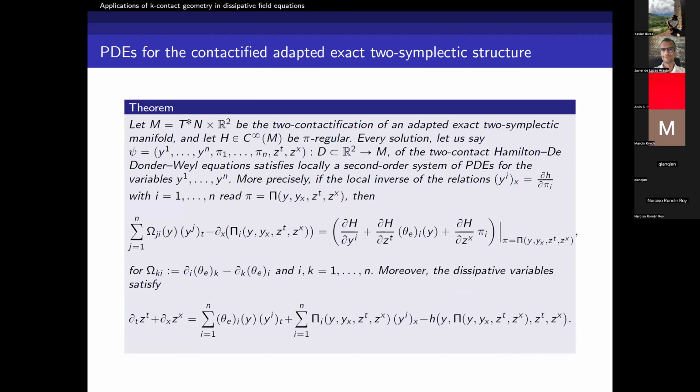Okay, so now if we have the k-contactification of an adapted exact k-symplectic manifold and a Hamiltonian which is pi regular, then every solution of the Hamilton–Donder–Weyl equation satisfies locally a second-order system of partial differential equations for the variables y.